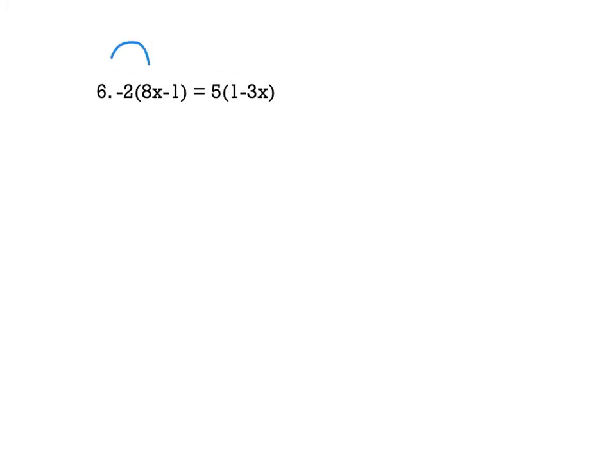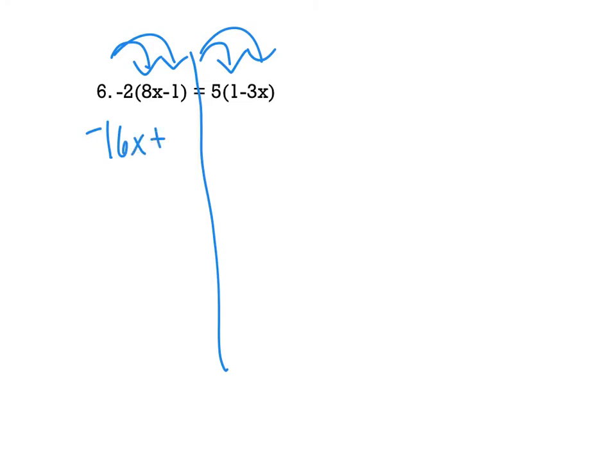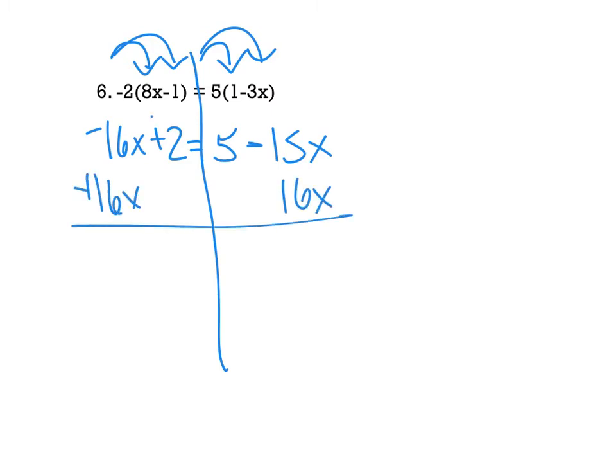Number 6, you're going to distribute on both sides first. And then you're going to get negative 16x plus 2 equals 5 minus 15x. Okay, I would like to keep a positive variable, so I'm going to add 16x on both sides. 2 equals 5, and then plus x.